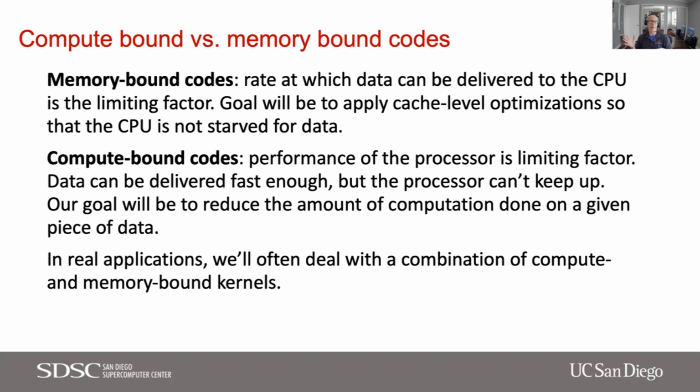In these codes, data can be delivered fast enough, but the processor can't keep up. Our goal is to reduce the amount of computation done on a given piece of data. What we're going to find, though, is that in real applications we're often dealing with a combination of compute and memory-bound kernels.